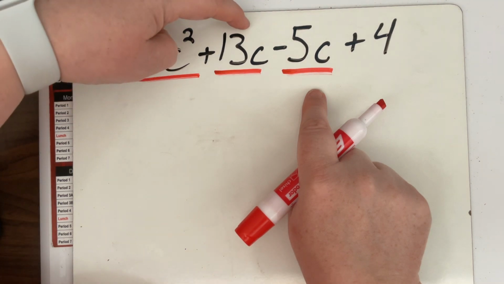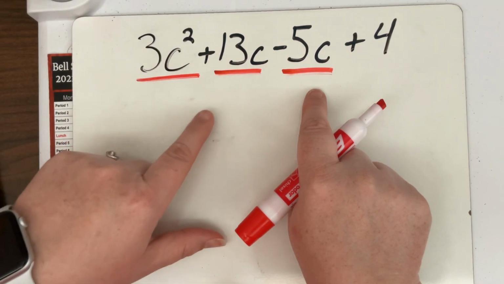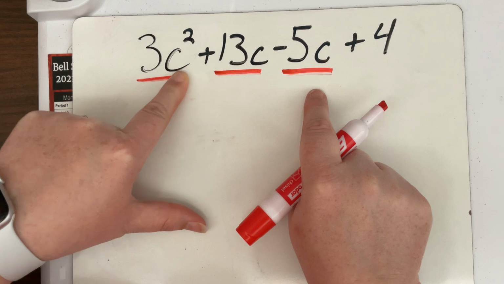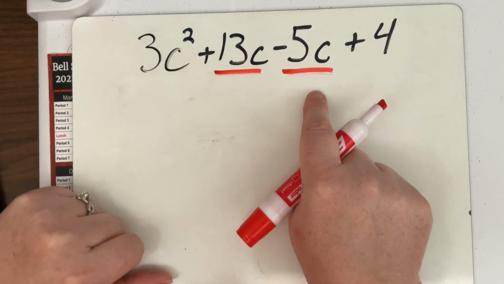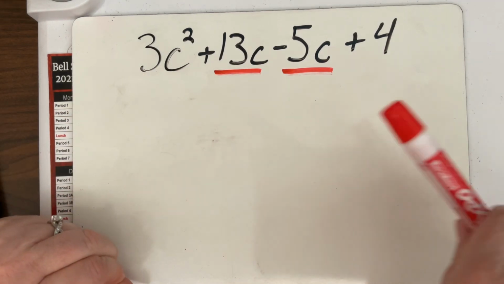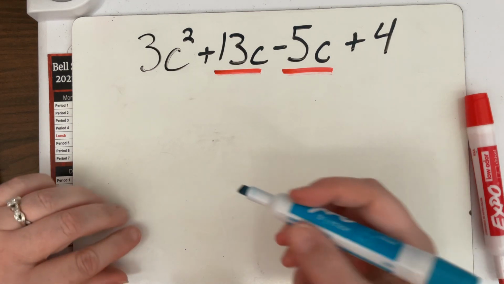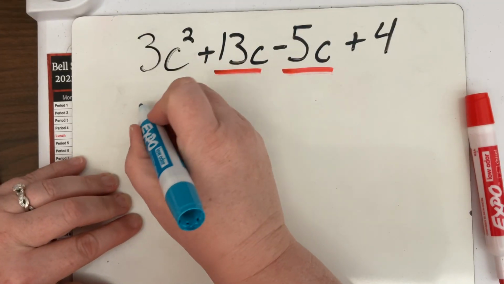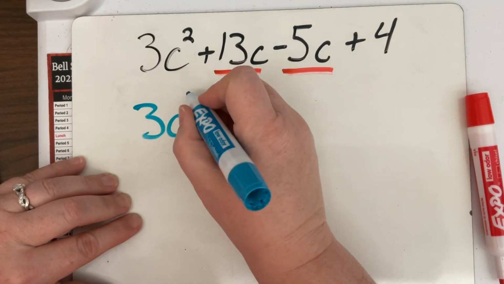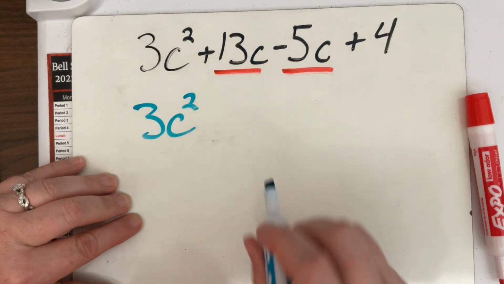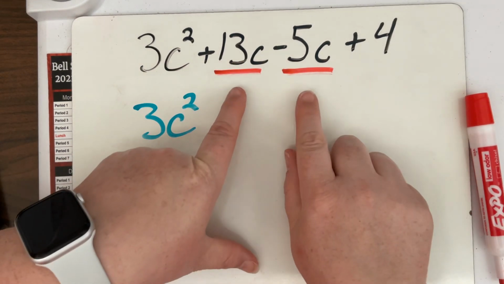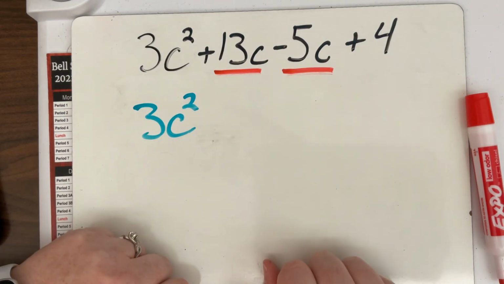I can't put that together with my regular c's. They're different. So this guy can't be underlined. He has to be sad and lonely at the party all by himself. So let's go ahead and put our sad, lonely 3c squared right here. But these guys I can do.